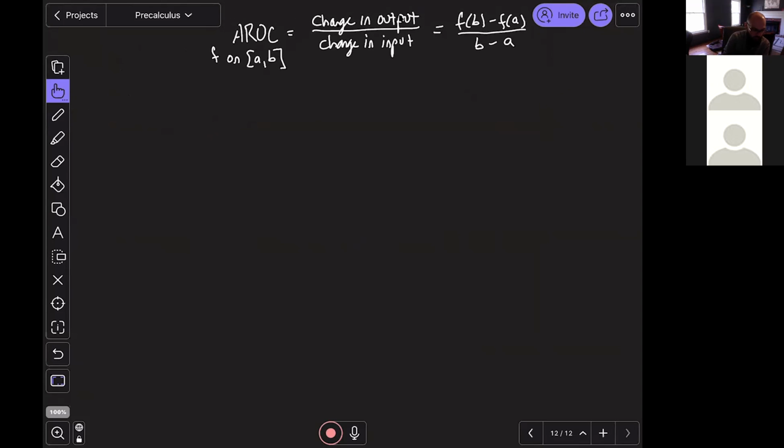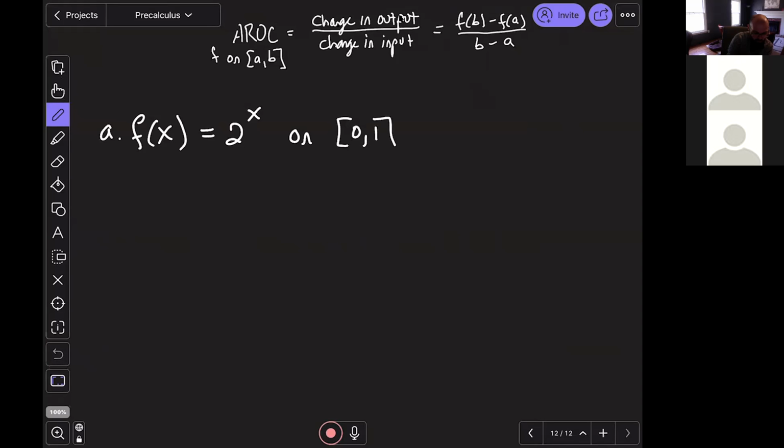Then part A we can do together. What's the average rate of change of the function 2 to the x on the interval 0, 1?